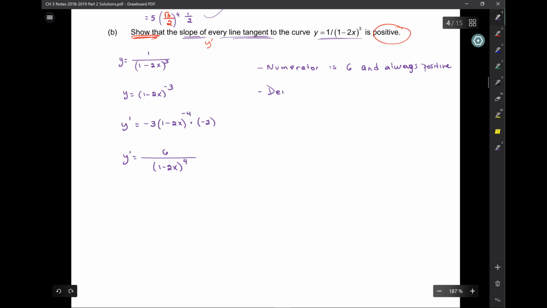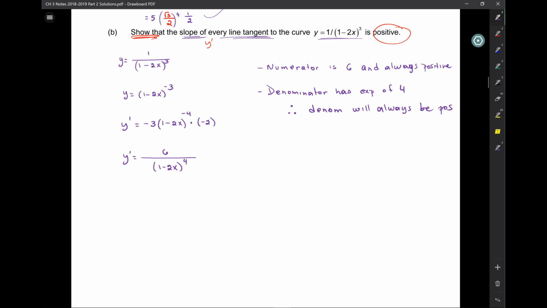The denominator has an exponent of 4, therefore the denominator will always be positive. So take a look at what we have. We now have a fraction. We're dividing a positive number by a positive number. And when you do that, the result is always positive.